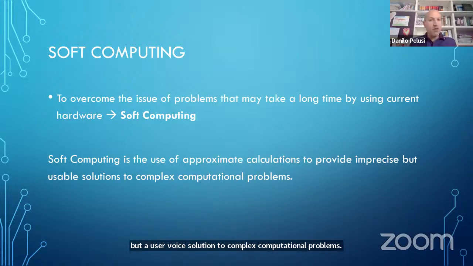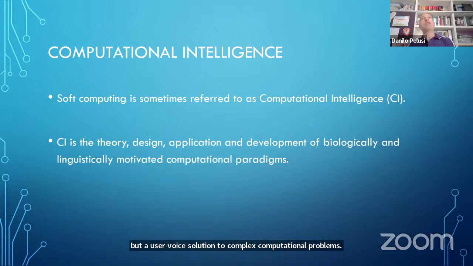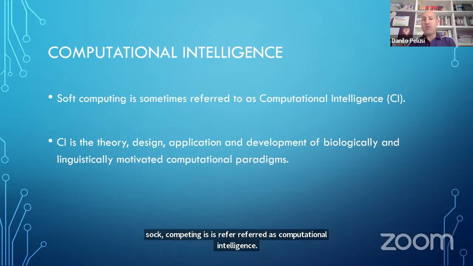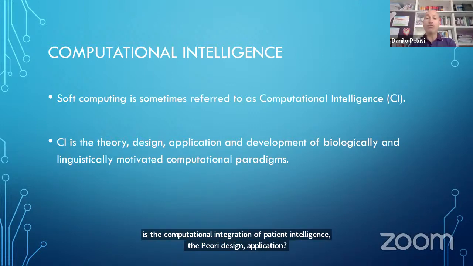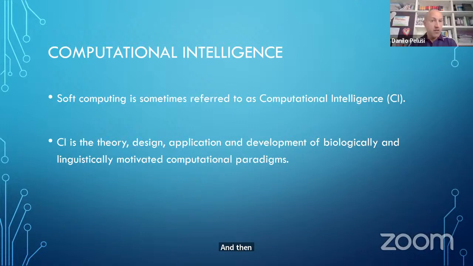Generally, soft computing is referred to as computational intelligence. What is computational intelligence? Computational intelligence is the theory, design, application, and development of biologically and linguistically motivated computational paradigms.